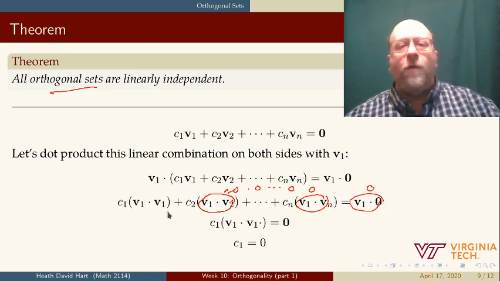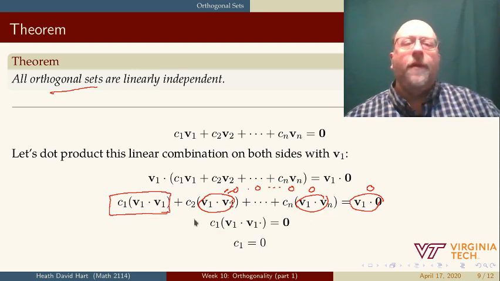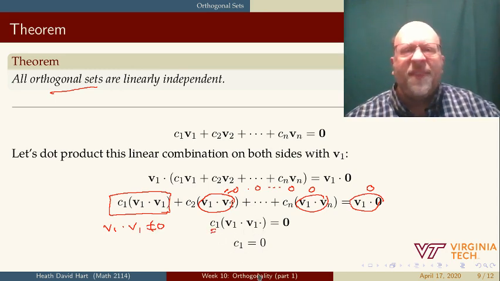And so the only non-zero term that I have left here is this vector itself. v1 is not orthogonal to itself, and so c1 times this has to be 0. But since v1 dot v1 doesn't equal 0, the only way this product can equal 0 is if c1 is 0. Okay? So c1 has to be 0.